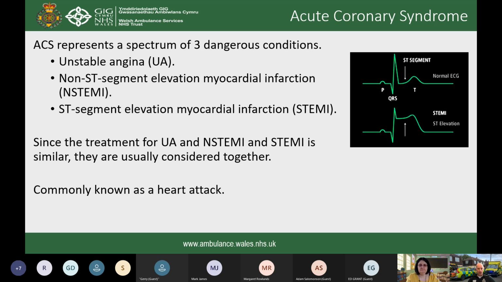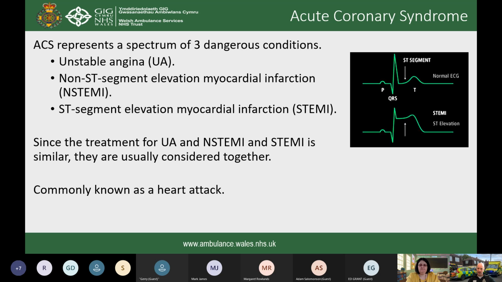Cool, so acute coronary syndrome. We should know this now. So what is acute coronary syndrome? What are the 2 main conditions that would fall into this? Yeah, so it would be unstable angina and MI. Good.